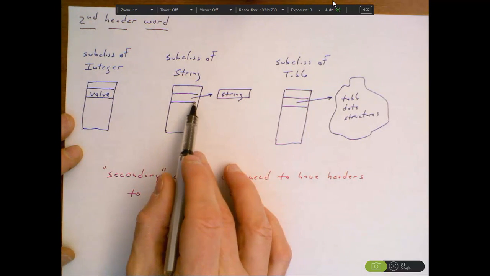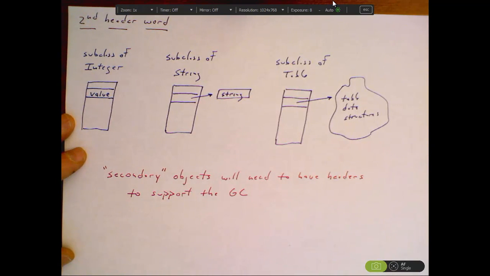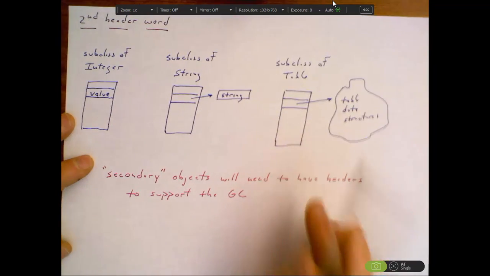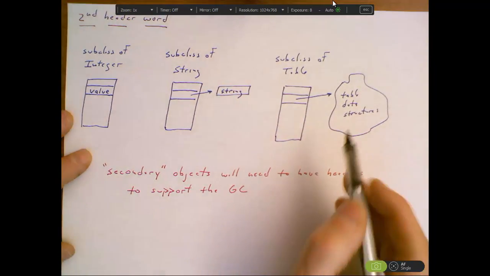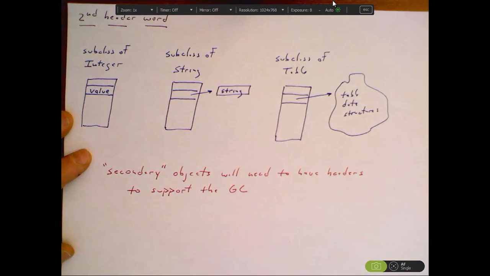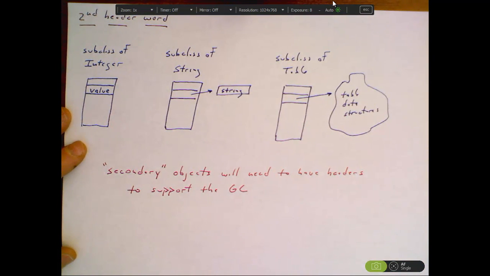So it's just a normal char star points to a normal null terminated ASCII string. Table, which we're not going to get into much, is that it's a bigger blob. It's a hash table like thing, and so we have some bigger blob that we allocate to control access and so forth to the table, and we'll point to that blob from here.